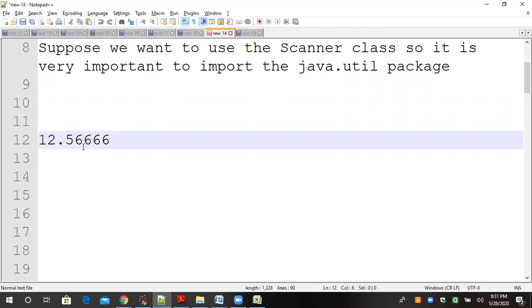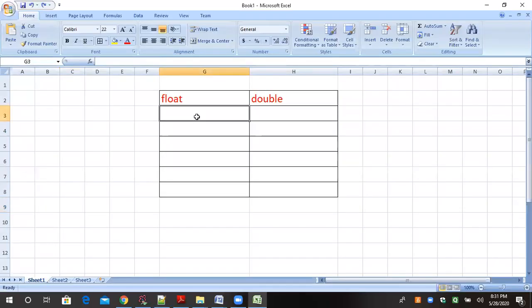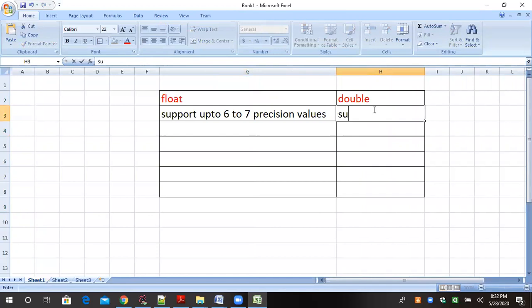Precision means decimal places. Float supports up to 6 to 7 precision values, and double supports up to 15 to 16 precision values.